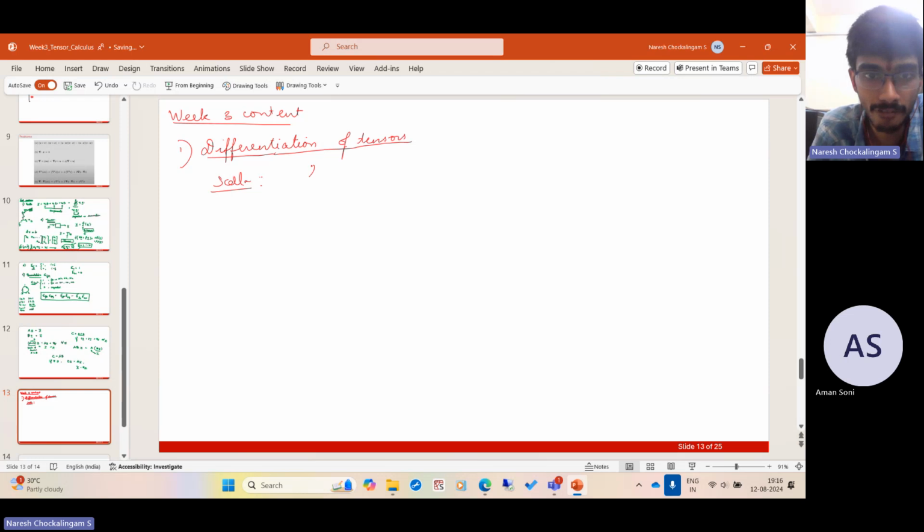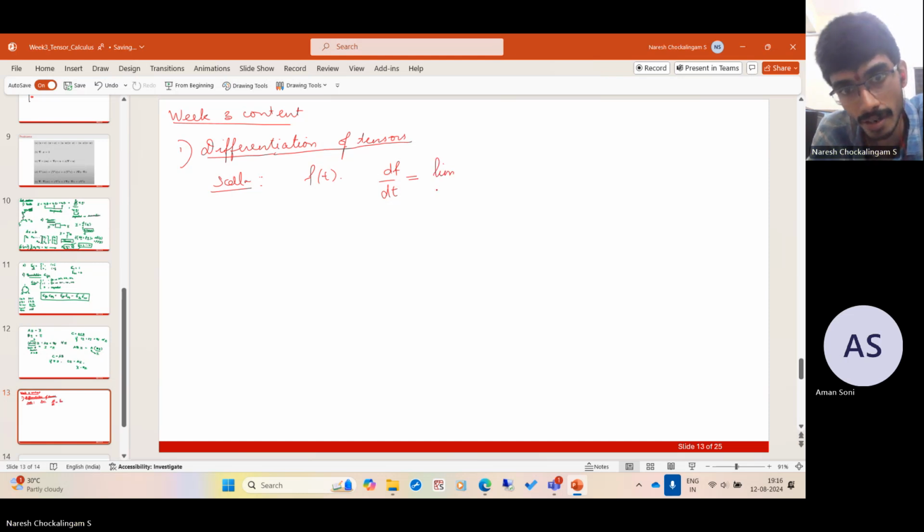Suppose you have a function f of t, and we define df by dt as follows. It is the limit of delta t tending to 0 of f of t plus delta t minus f of t by delta t.